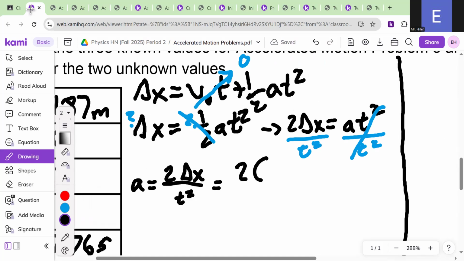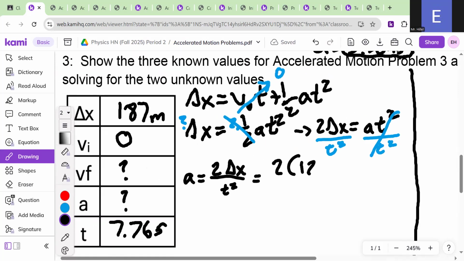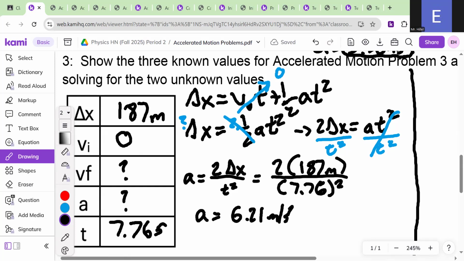So 2 times whatever your displacement is, 187 in my case, over your time, and don't forget to square that. In my case, I'm getting an acceleration of about 6.21 meters per second squared. Go ahead and see what you get.